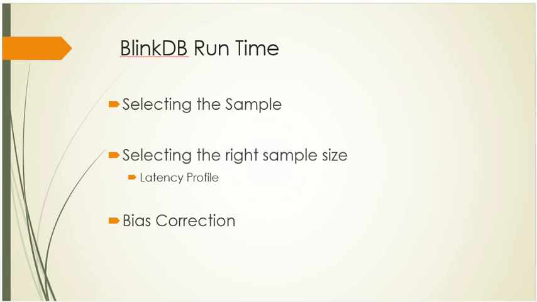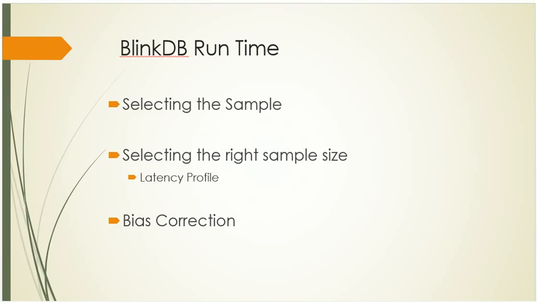Bias correction. Running a query on a non-uniform sample introduces a certain amount of statistical bias in the final result, since different groups are picked at different frequencies. In particular, while all the tuples matching a rare subgroup would be included in the sample, more popular subgroups will only have a small fraction of values represented.